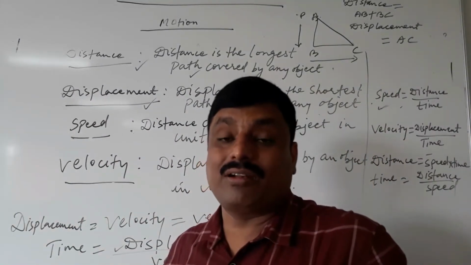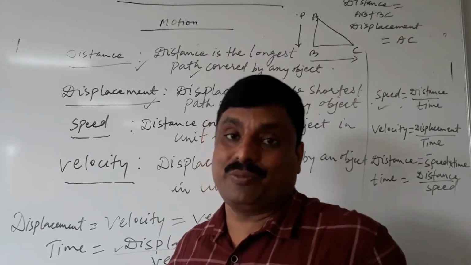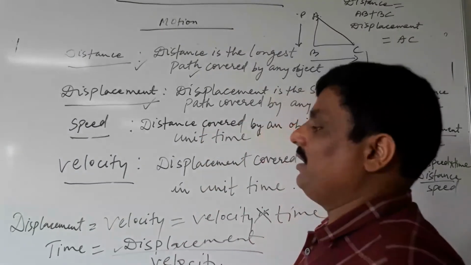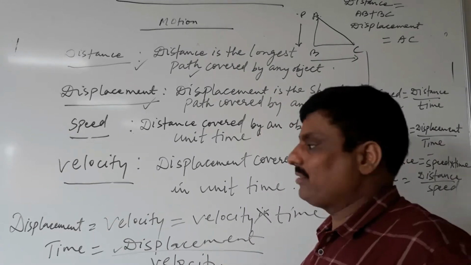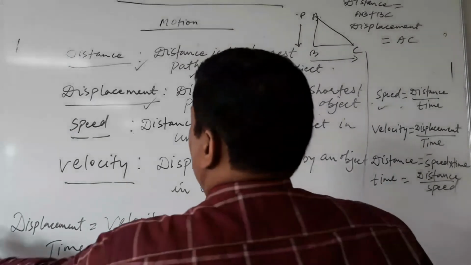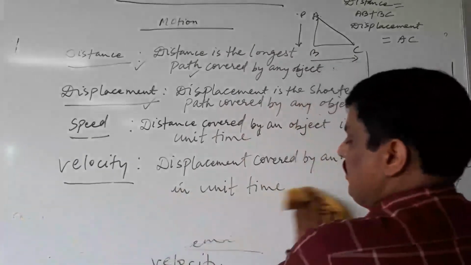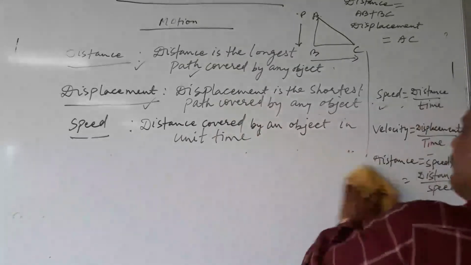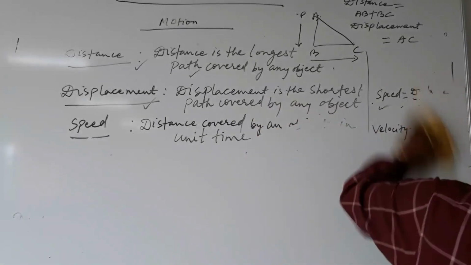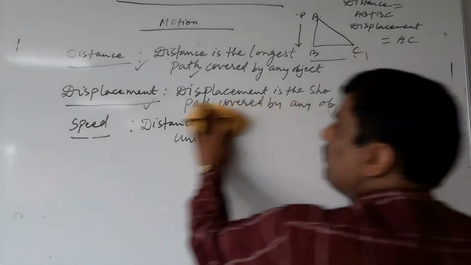Some differences are also there, because displacement is the shortest path covered by any object and distance is the largest or longest path covered by any object. Because of direction, a quantity may be a scalar or may be a vector.